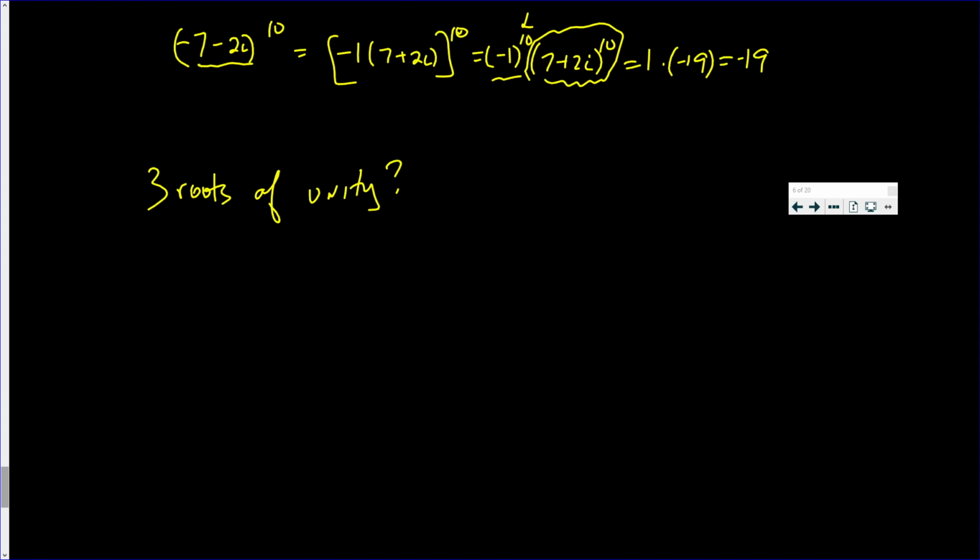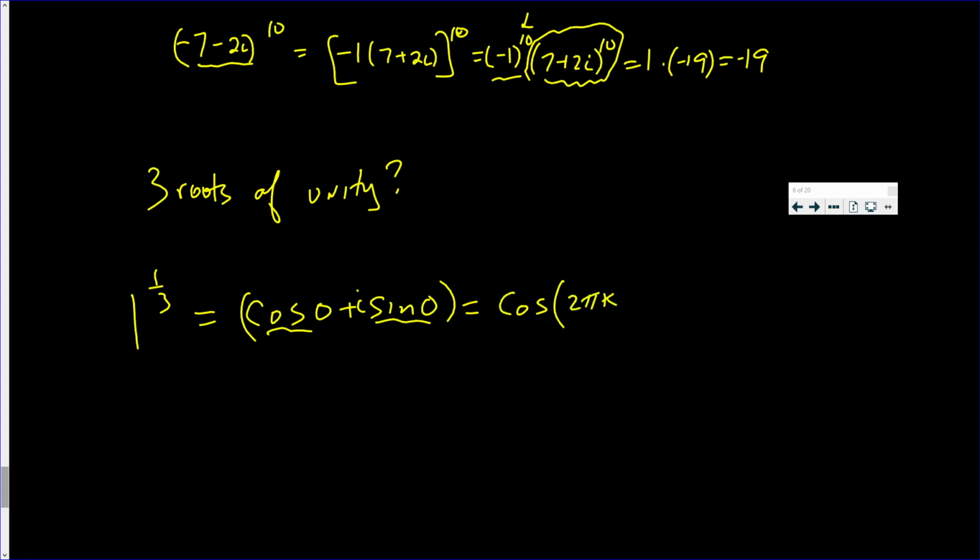Unity means 1. So, what is 1 to the 3rd? Well, 1 is cosine of 0 plus I sine of 0, because cosine of 0 is 1 and sine of 0 is 0. That is, it is cosine of 0 plus 2 pi k plus I times the sine of 0 plus 2 pi k.